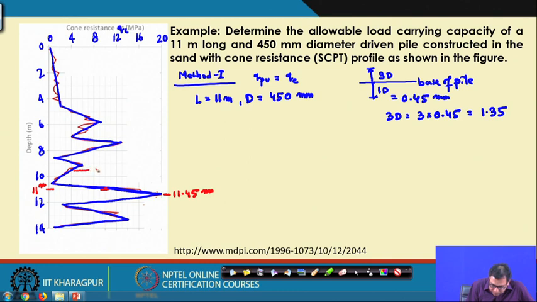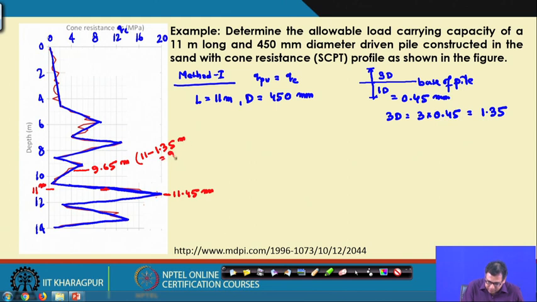Okay, this is 9.65 meter, because 3D means 1.35 above the pile base. So, 1D means the soil 11 plus 1D, that means 11.45 meter, and then 11 minus 1.35, that is 9.65.